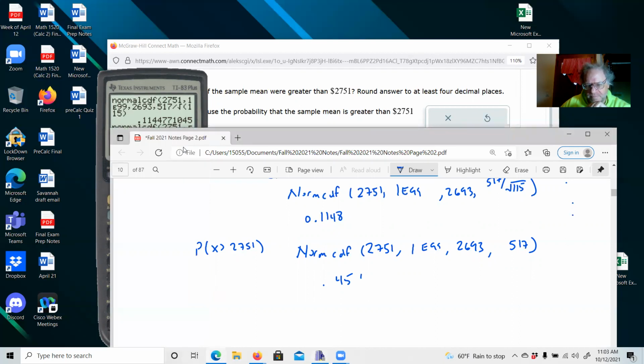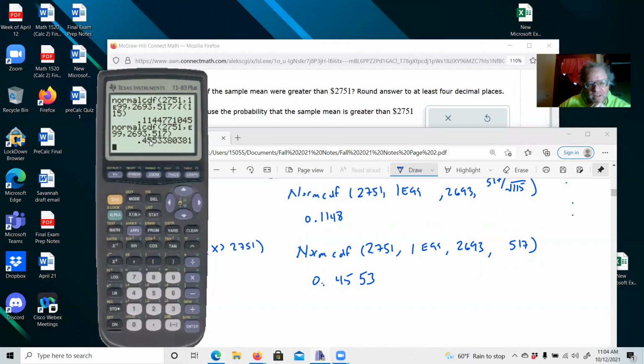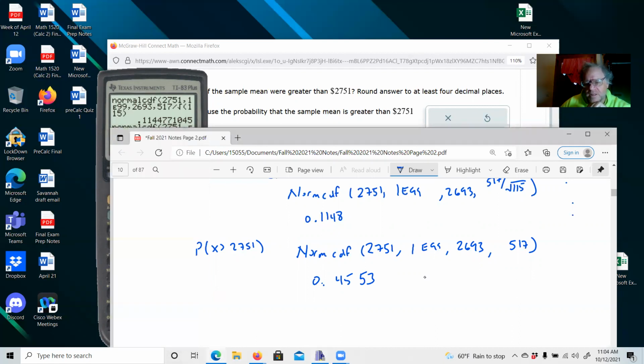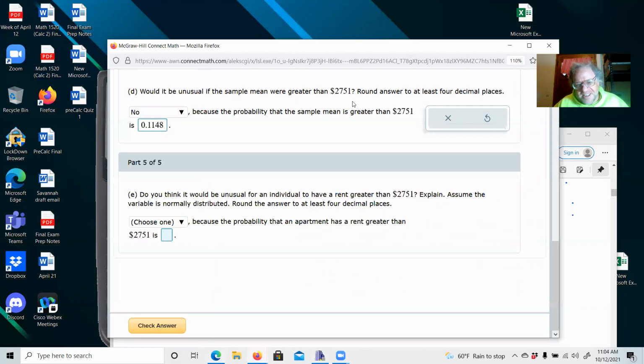What do you know? 0.4553. Okay, do I have a rounding thing? 0.4553. No, we're good. So there's our probability that we are spending more than $2,751 per month on a single bedroom apartment.